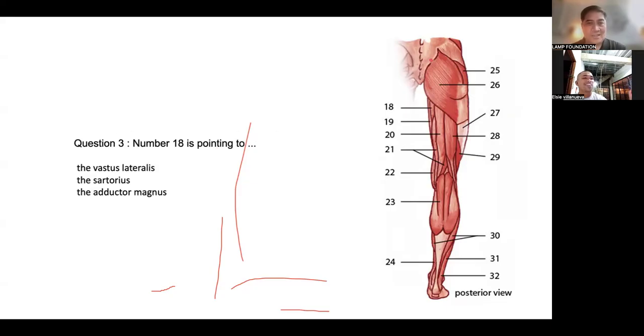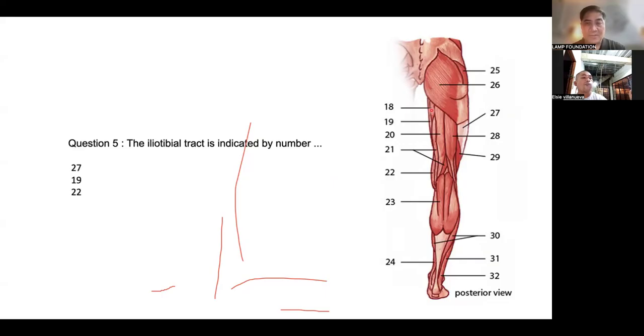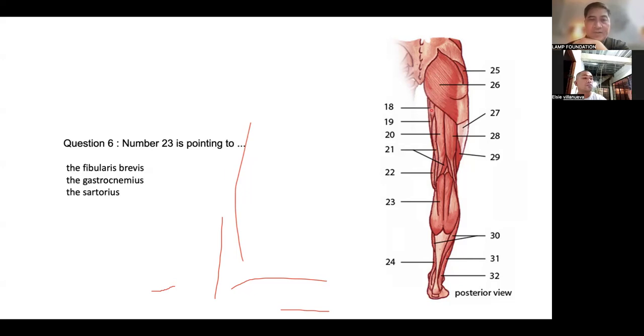Number 18, adductor magnus. Number 24, flexor digitorum longus. Iliotibial tract, what number? 27.